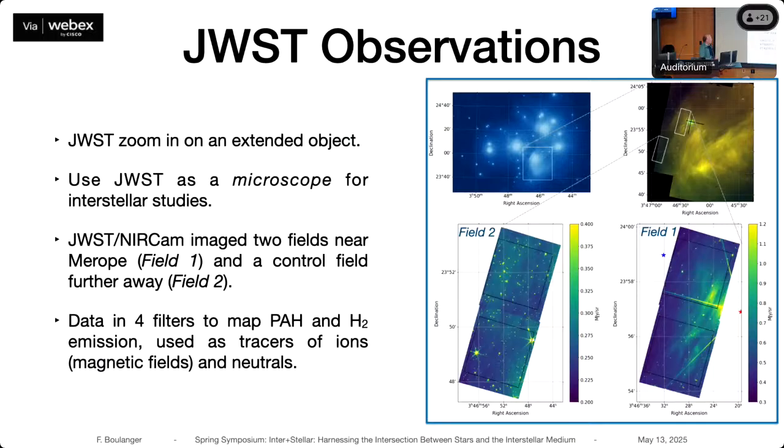And why did we pick these two? Because the PAHs are partly ionized, and as such they are tied to magnetic field lines. So we are going to use them as tracers of magnetic fields, and the molecular hydrogen is a neutral species.